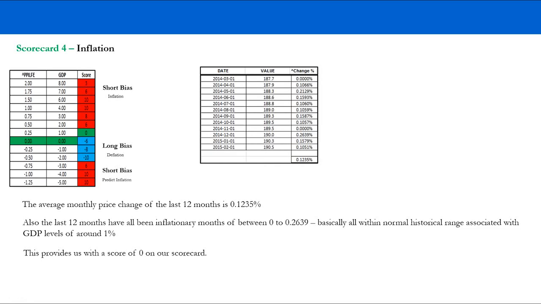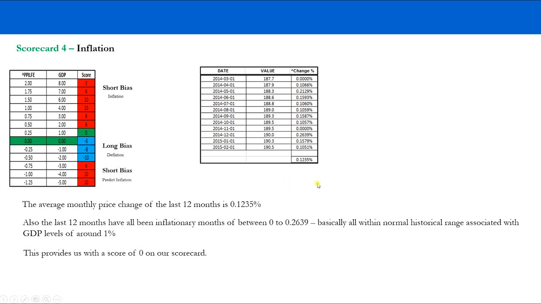Well, the average monthly price change over the last 12 months is 0.1235%. So the average 12-month percentage move in PPI ex food and energy has been 0.1235. If we look on our scale here, that's between 0 and 0.25.